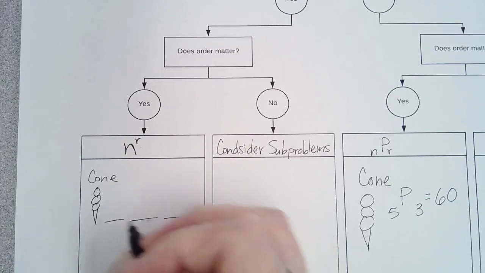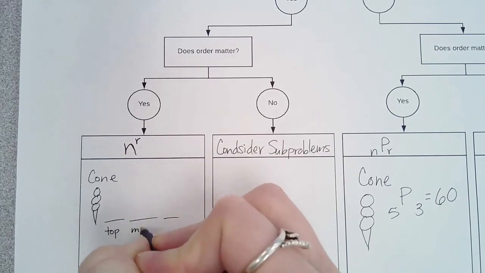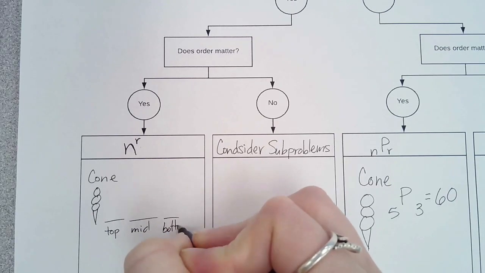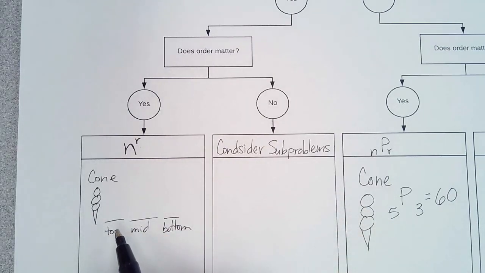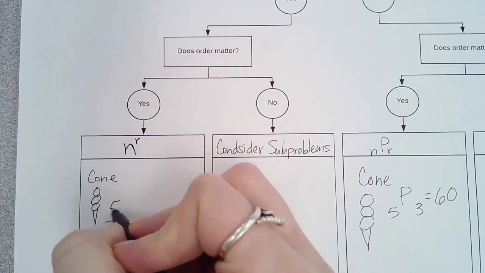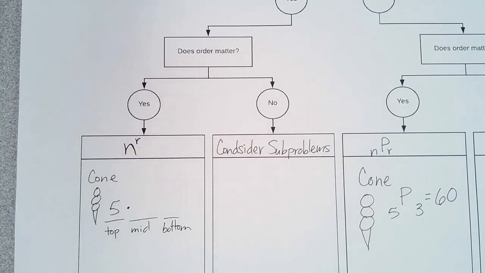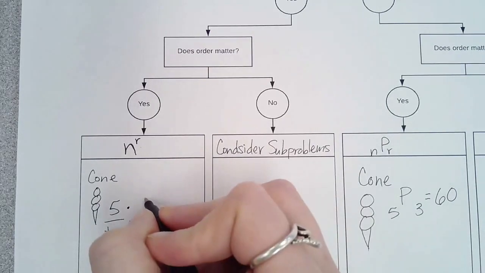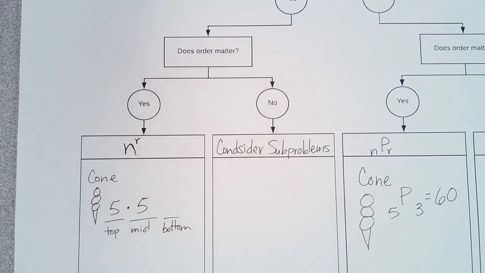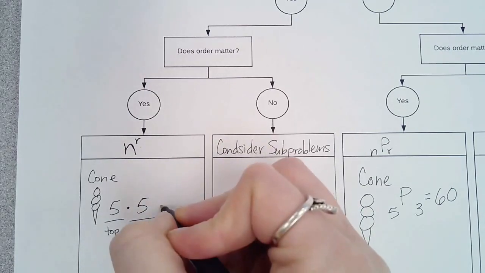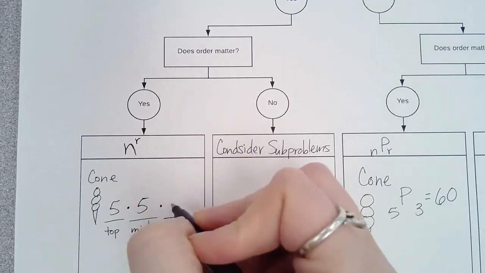So we're going to look at these 3 different scoops, top, middle, and bottom, and look at how many choices we have for each. Again, this ice cream shop only has 5 flavors of ice cream, and so our top scoop we have 5 choices. For our middle scoop, we can choose to use the same flavor or a different flavor. It doesn't really matter. So we still have 5 choices. And then lastly, our bottom scoop, again, we're deciding.